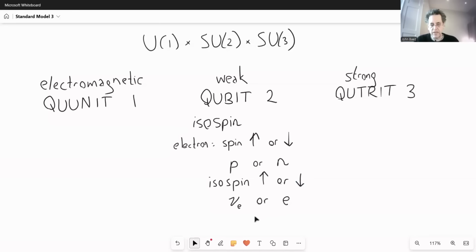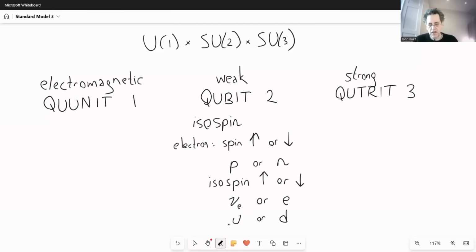This became even more clear when we discovered that protons and neutrons were actually made up of quarks, and they're both made up out of three quarks, and two of the quarks are the same, and the difference is that in the proton, the third quark has isospin up, whereas the neutron has a quark with isospin down. And so those two kinds of quarks, once they were discovered, were naturally given the names up and down, or U and D.